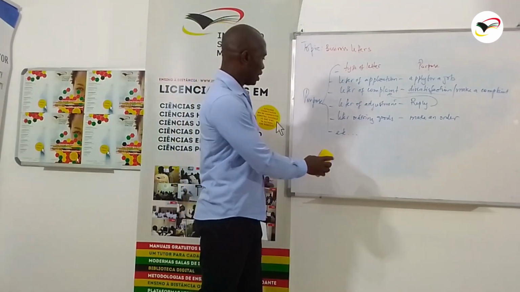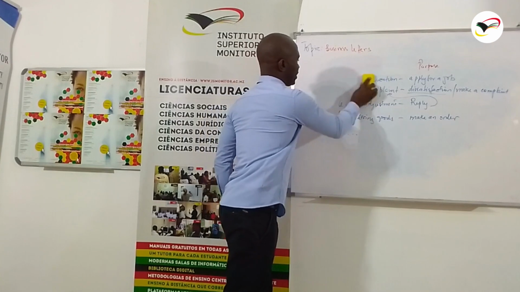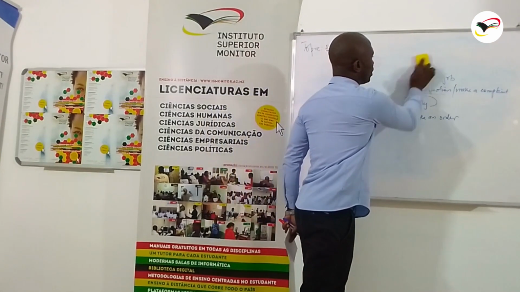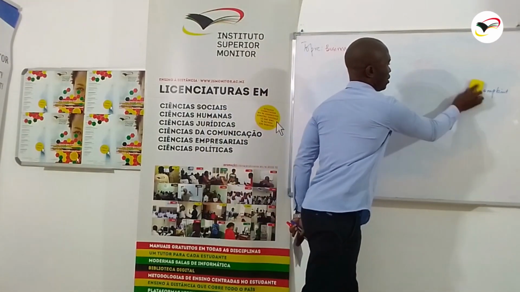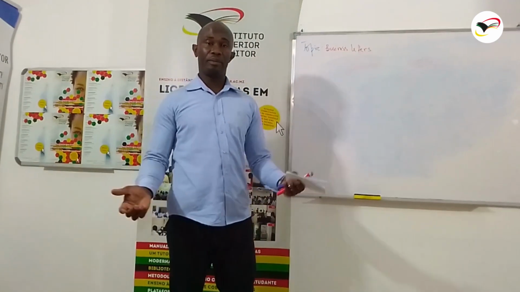Then, there are some aspects we have to follow. We have some rules when it comes to writing a business letter. There are some rules that we are supposed to look at.